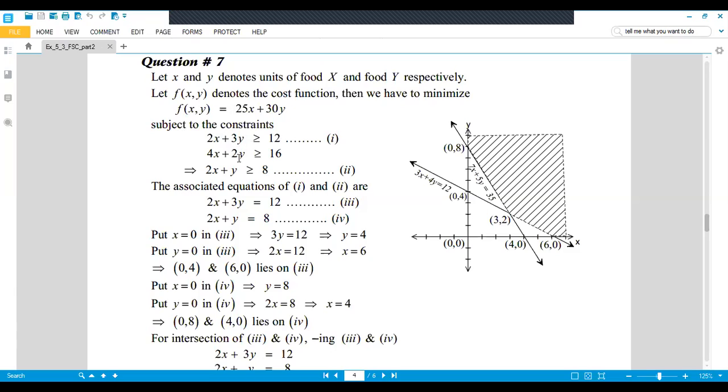The first one is 2 units of protein, so 2x, and in the next, 3 units of protein, so plus 3y is greater than or equal to 12, because we need at least 12 units of protein.